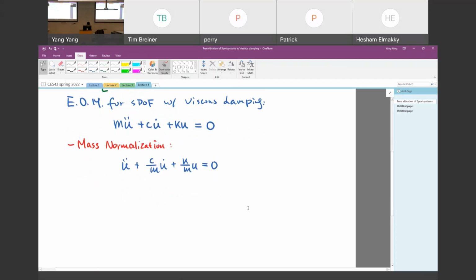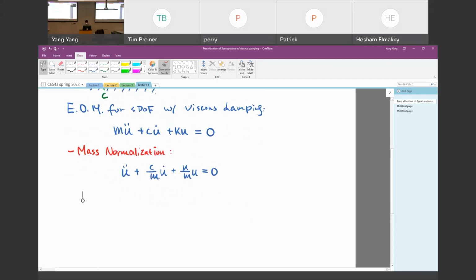Now we introduce a very important parameter for this system. We introduce a Greek letter. Who knows the pronunciation of this? Theta? Yeah.